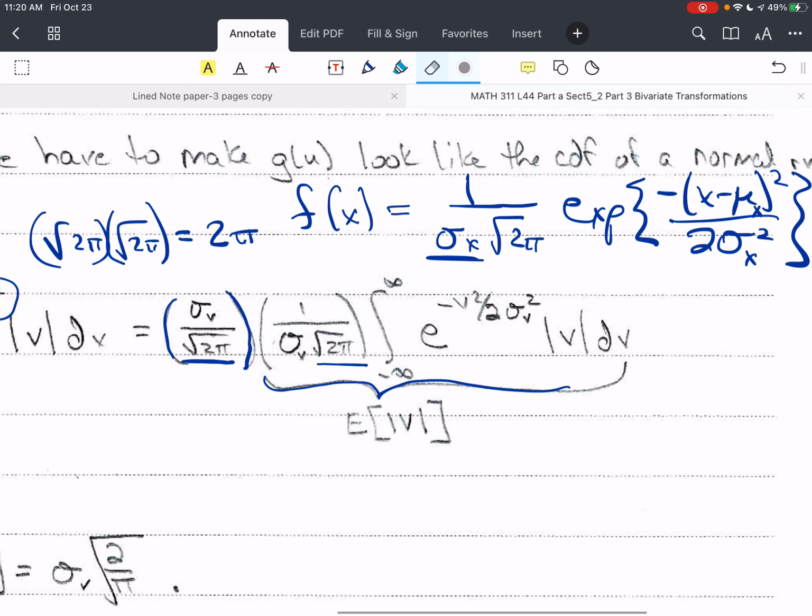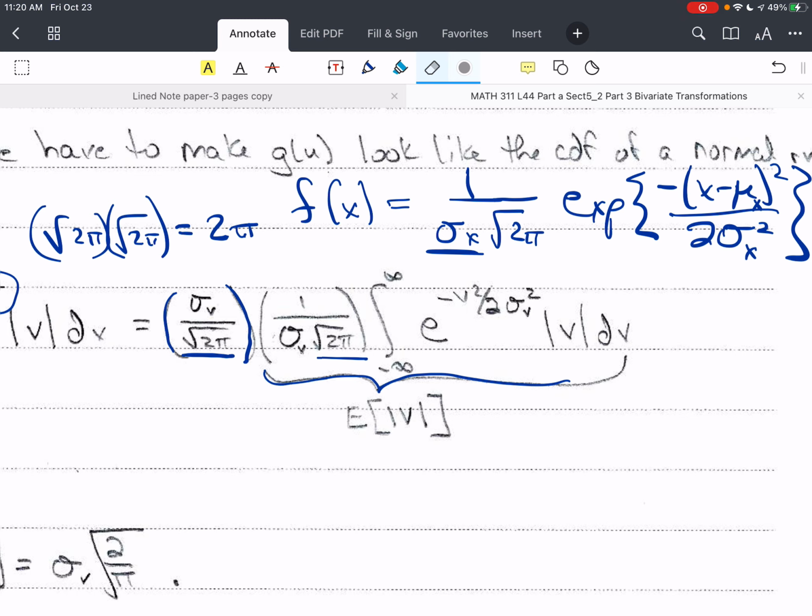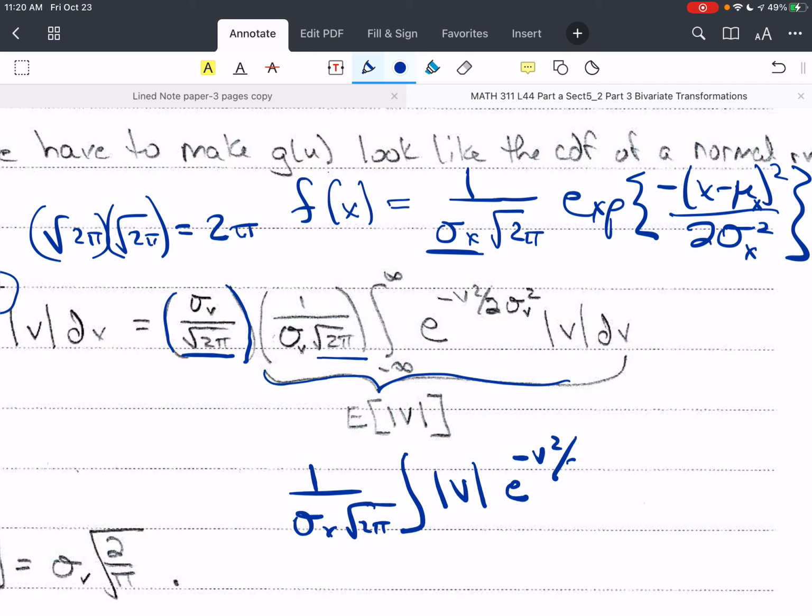And what I have is 1 over sigma v square root of 2 pi, and then I have the integral, and I can move the absolute value of v up here, and then I have e to the negative v squared over 2 sigma v squared dv.